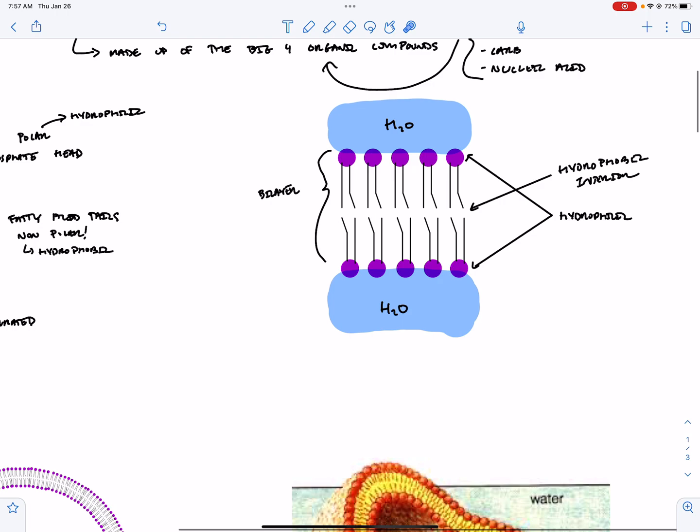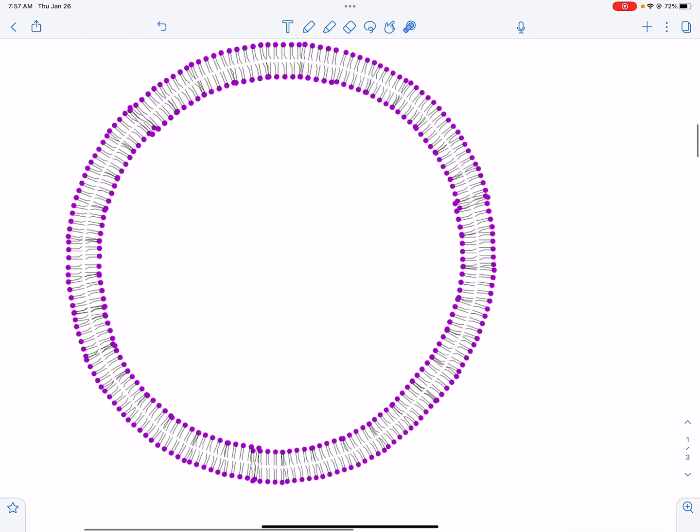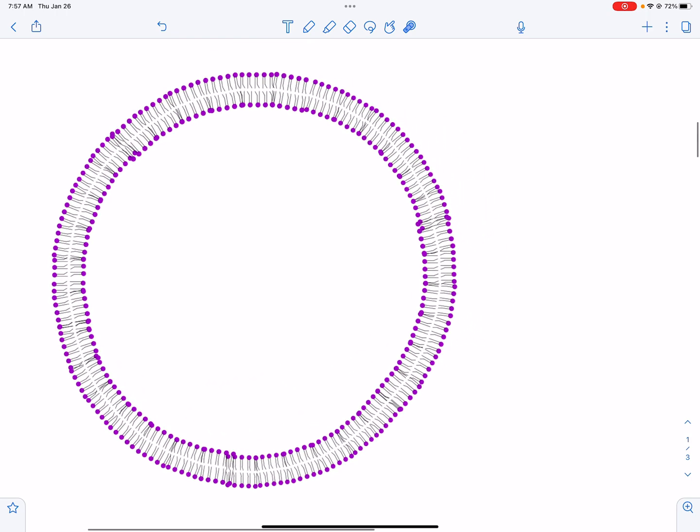And you're right. So what actually happens is something like this, where now this is going to look remarkably like a cell, hopefully.